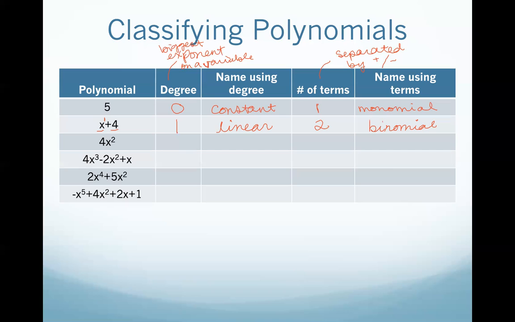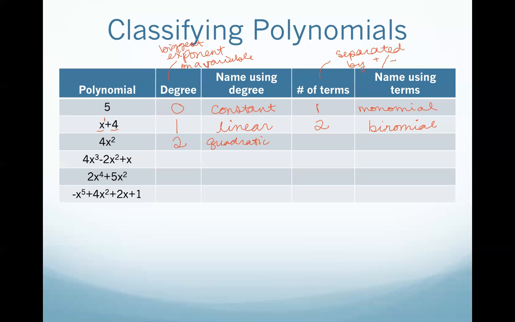Okay, our next one, 4x squared. Degree, what is the exponent? The biggest exponent on a variable is 2. If our exponent is 2, then this is quadratic, like we saw in chapter 4. How many terms are there?